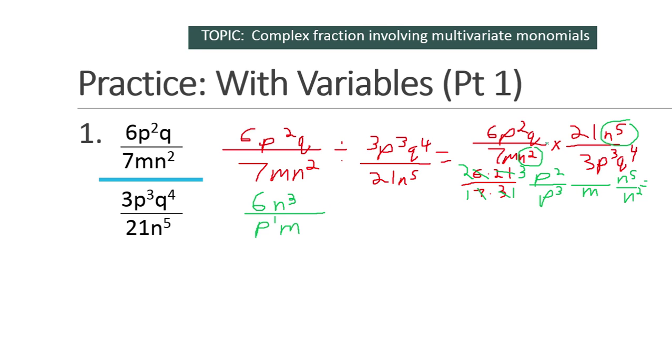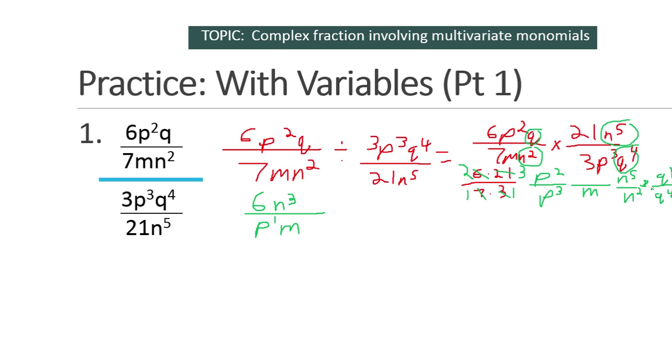Okay, last one is the q's. You have a q here and a q to the fourth here. So we got q over q to the fourth. And remember, what is q the same as? Q to the what? 1. So 1 minus 4 is going to be 3.